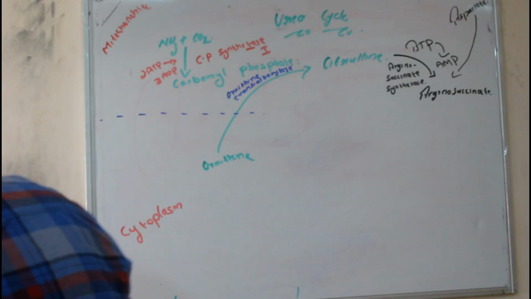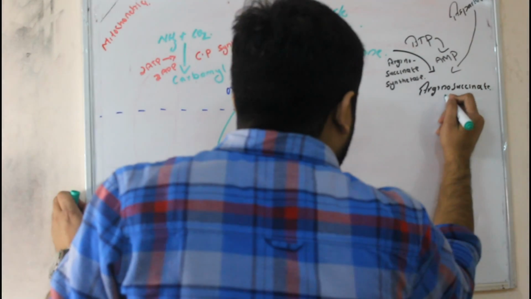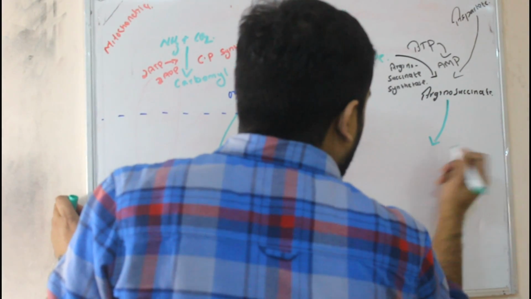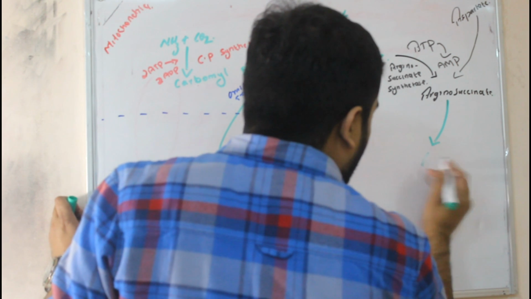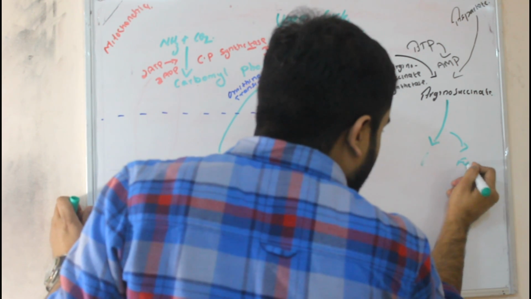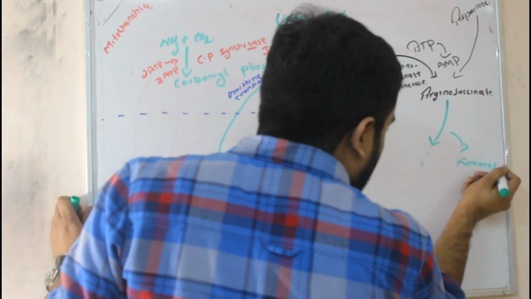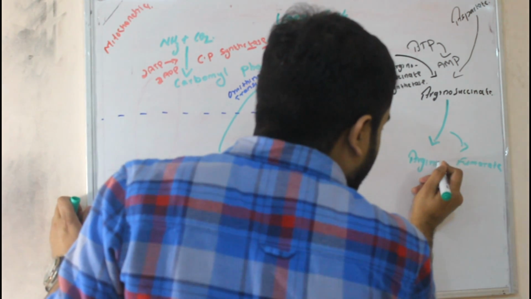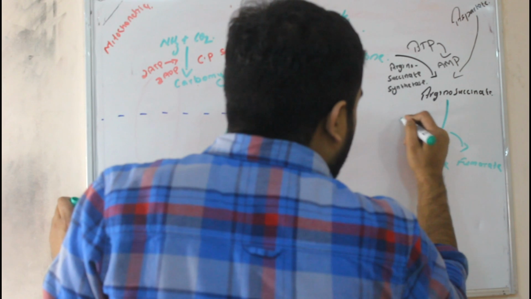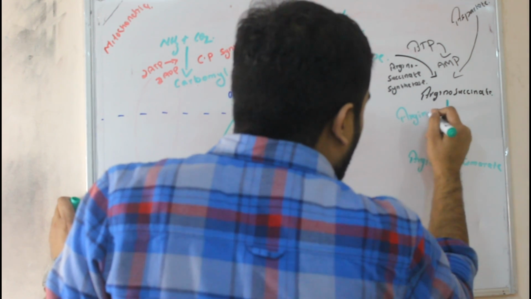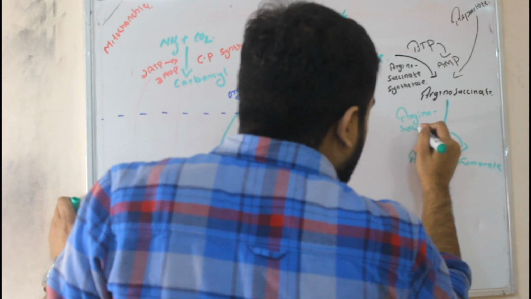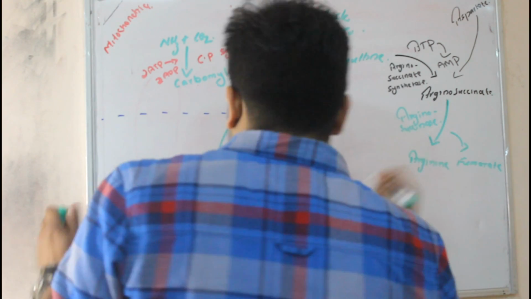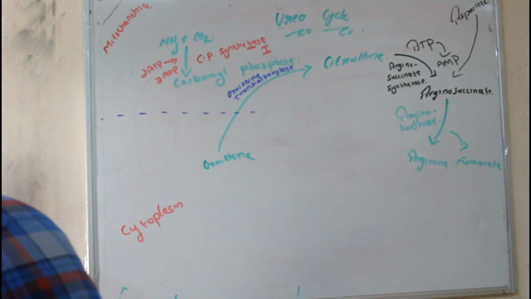Now argininosuccinate will be converted to fumarate, which will go outside the cycle, and arginine. The enzyme is argininosuccinase.